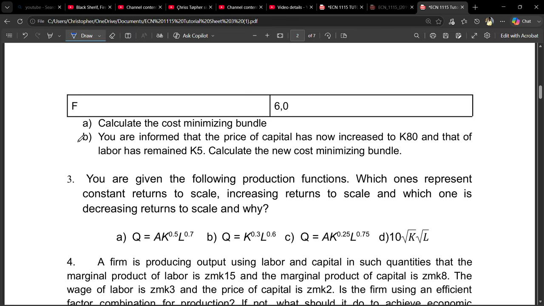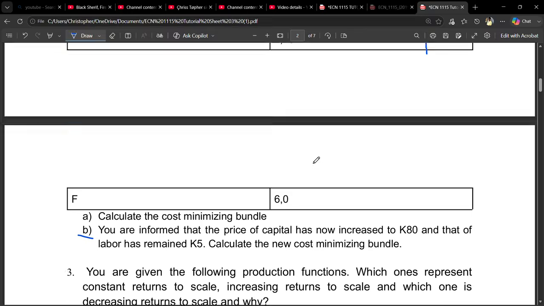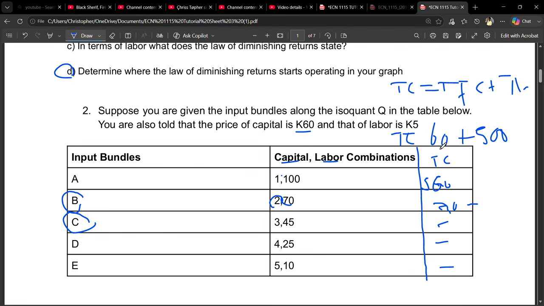Okay. B is saying you are informed that the price of capital has now increased to 80 and that labor has remained 5 kwacha. Calculate the new cost. So we are going to do the same thing. Where I just put in 60 there, you multiplied 1 times 60, yeah? So you do not multiply 5 times 60 now. Oh, sorry, I meant 60 times 1.